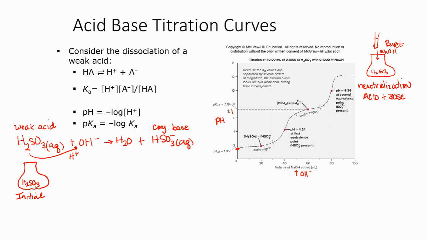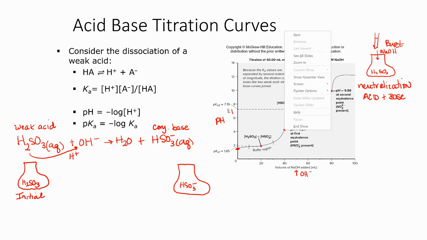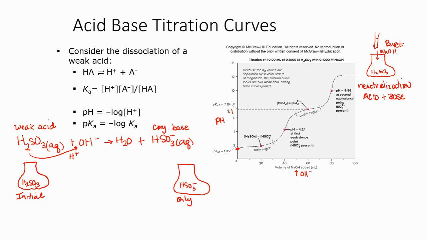Ultimately, you're going to get to the point, and I'm going to draw it in a little flask over here, where you just have HSO3 minus. That would be this dot here. That's where you have only conjugate base.